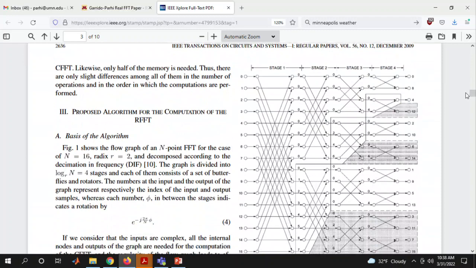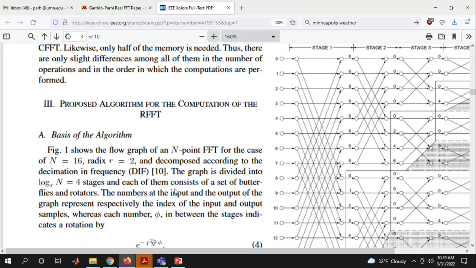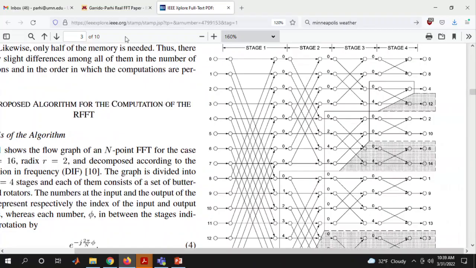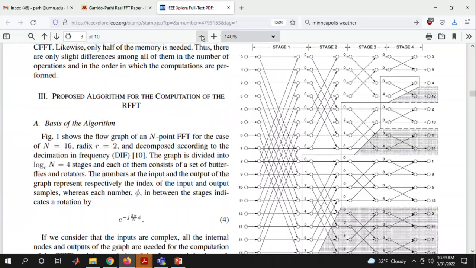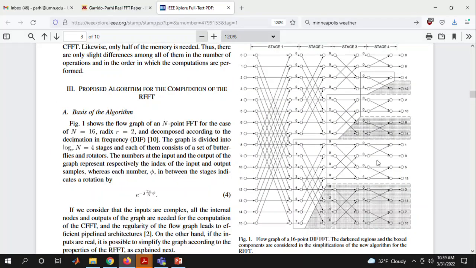Okay, so in this diagram, we are looking at the 16-point real FFT.